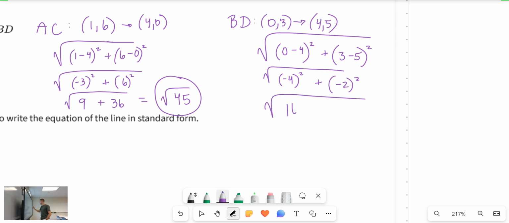Negative 4 squared is 16 plus negative 2 squared is 4. So this is going to be the square root of 20. All right.